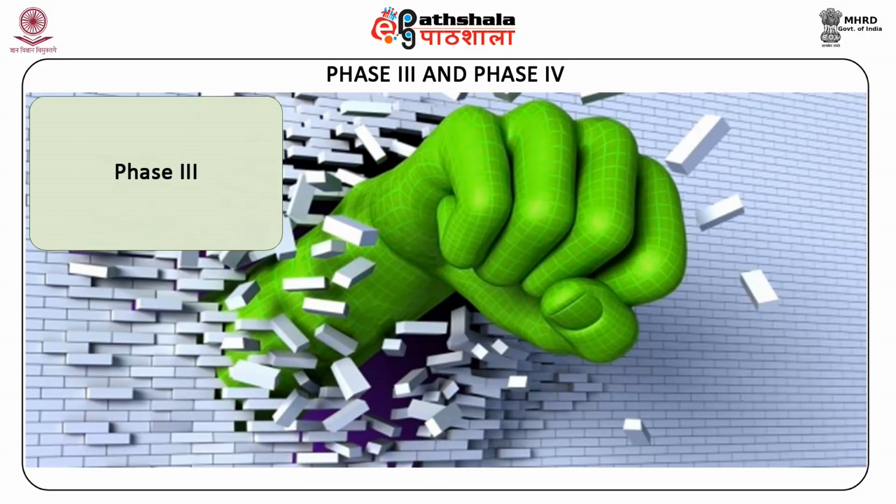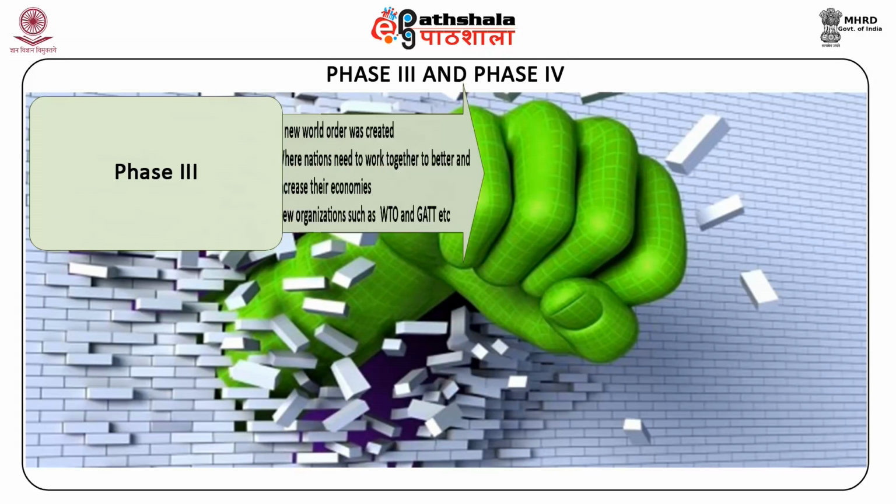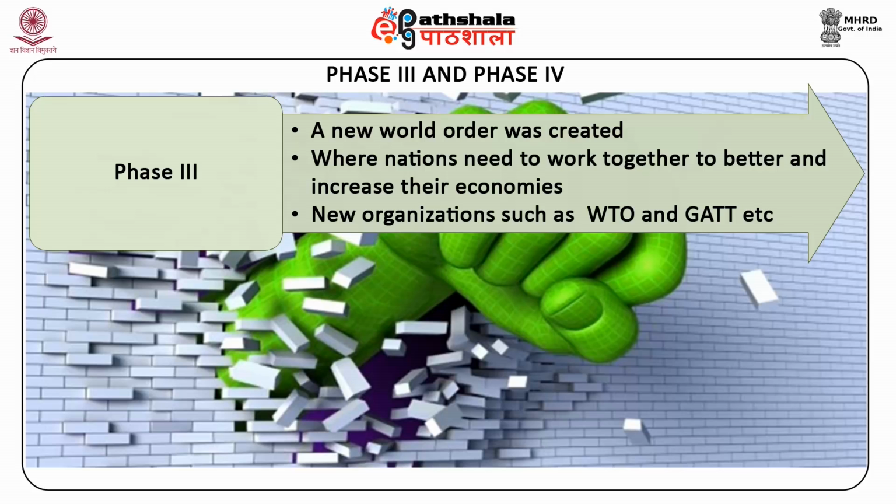Phase 3. In this phase, a new world order was created where nations need to work together to better and increase their economies. They all started to focus on economic growth and development of theirs.